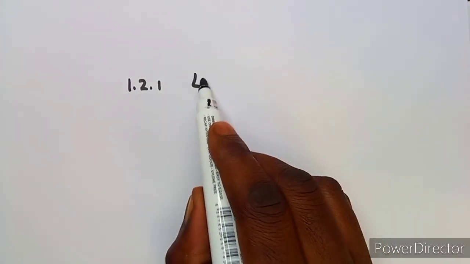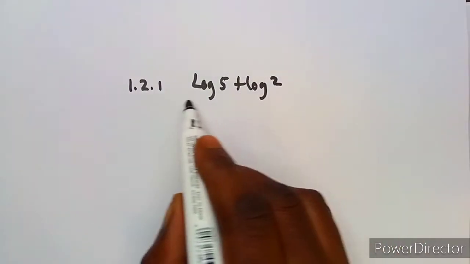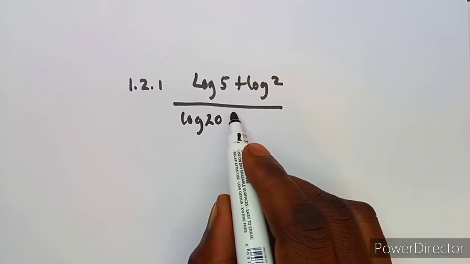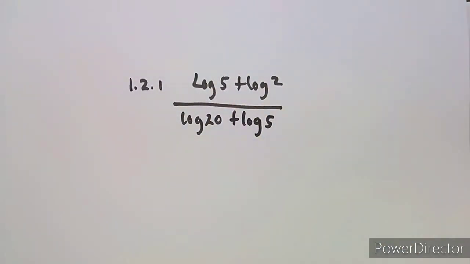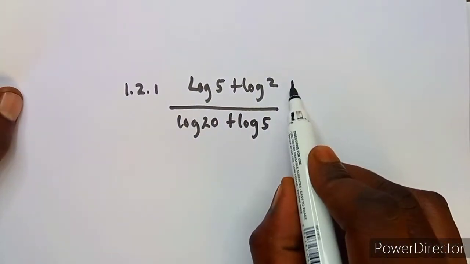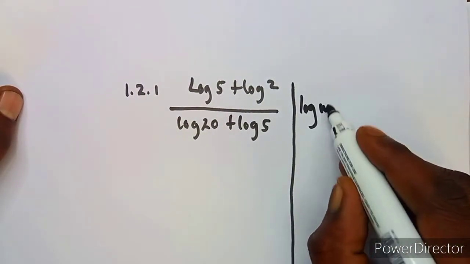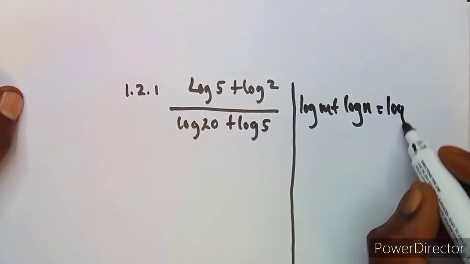Okay, so you are given log 5 plus log 2, everything over log 20 plus log 5. All right, so what can we do in this case? Let's see. We can apply the laws of logarithms here. Why? Because we know that when we are adding logarithms, log m plus log n gives you log mn.